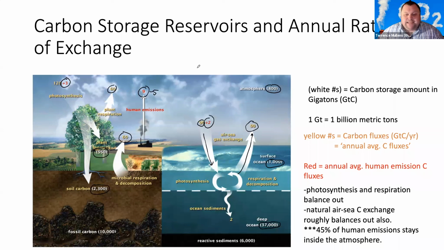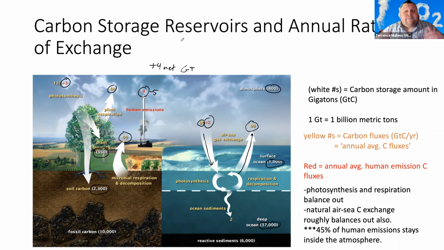And so that means on an annual basis, and these are average numbers, we are adding about 4 net gigatons of carbon dioxide into our atmosphere.